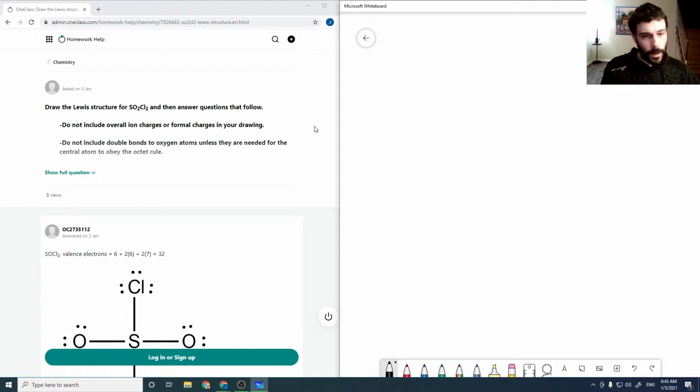All right, so for our second question, it asks us to draw the Lewis structure and then answer a couple questions for SO2Cl2, and the questions are just about hybridization and shape, I believe.